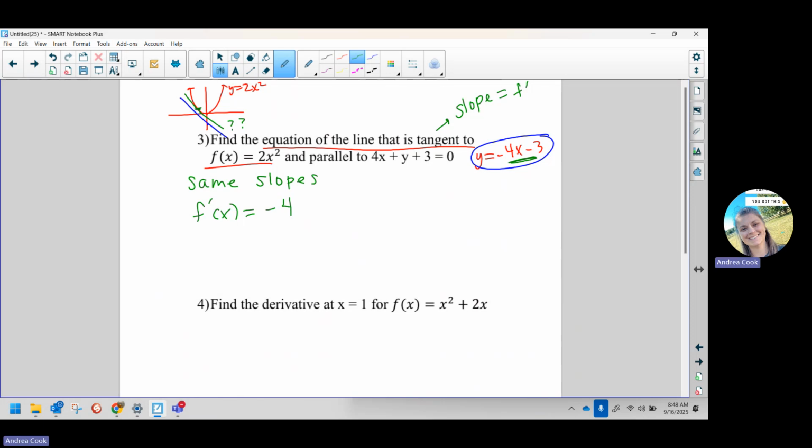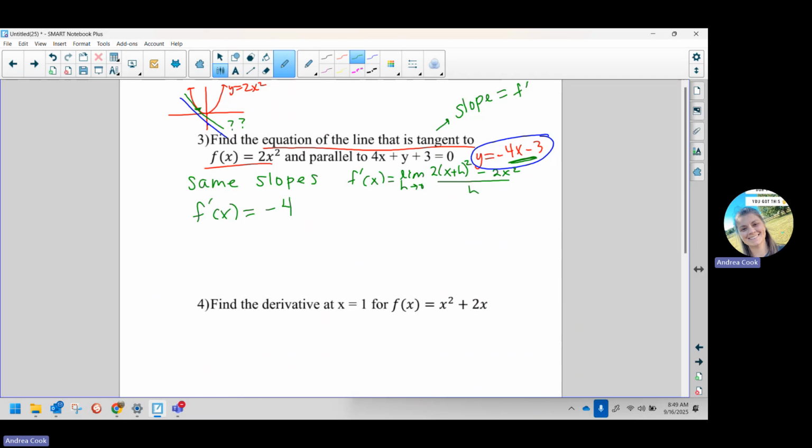So I have to find the derivative of f. So we're going to practice till we get really good at derivative. So how do I find the derivative? Limit as h goes to 0, f of x plus h minus f of x all over h.